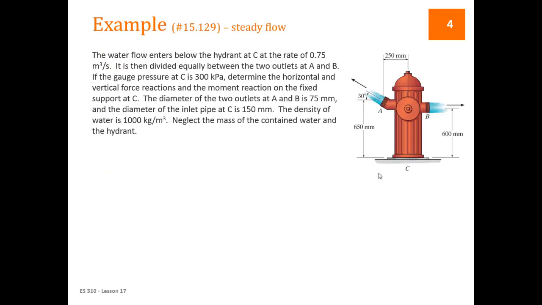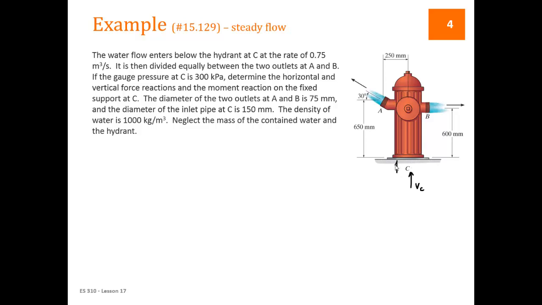So let's take an example of how this works by looking at this hydrant. The water flow enters the hydrant at C. So we've got water from the main coming into the hydrant here at C. It's going to be moving at some speed Vc. And we're told that there's also a pressure at C of 300 kilopascals.